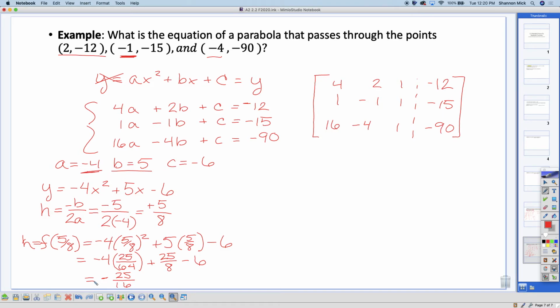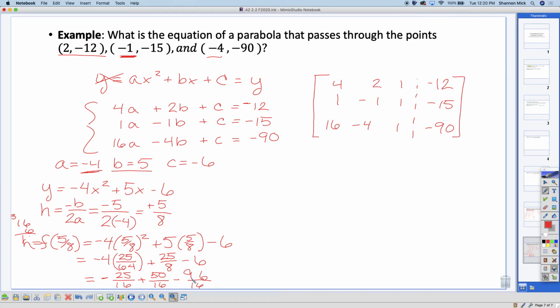So what do I have to multiply? 2. So that gives me plus 50 over 16. And then I have to put the 6 over 16. So 16 times 6. 6 times 6 is 36. Carry a 3. 96.